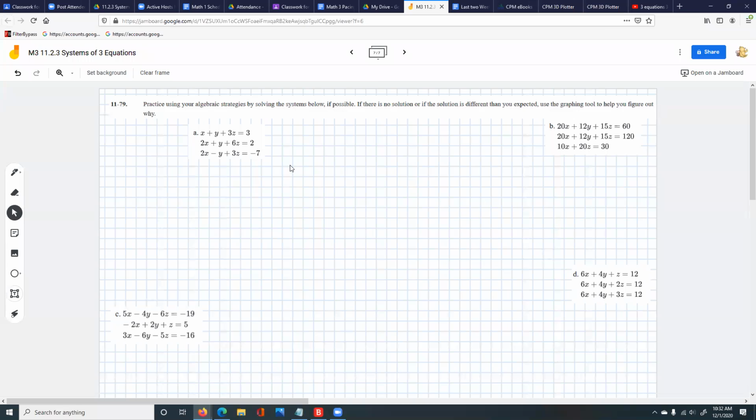You could get the X's to go away if you multiplied the top by -2, and then add it to the second and third equations. But here, these are all positive and this is negative, so I can use these two and these two to add them together to get the Y's to go away.